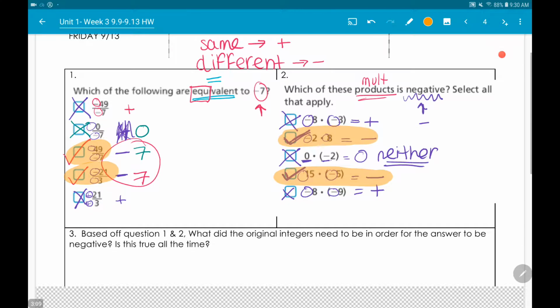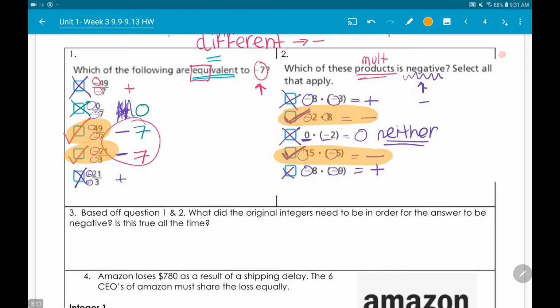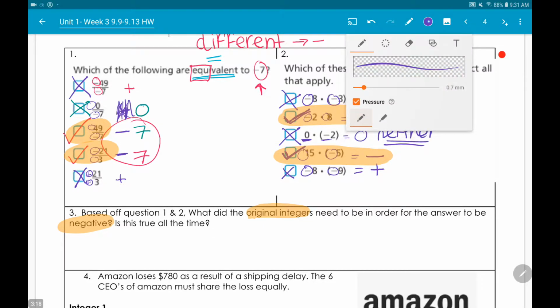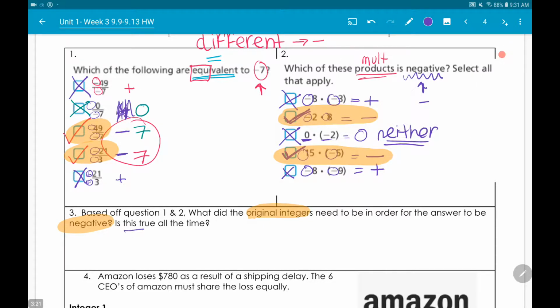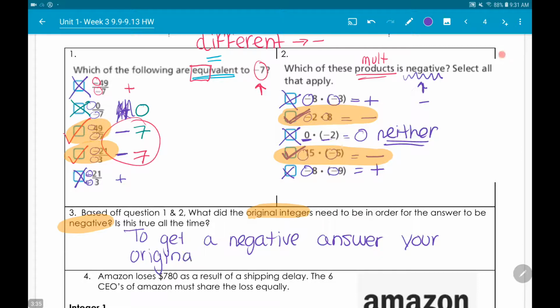All right, based off question 1 and 2, what do the original integers need to be in order for the answer to be negative? Okay, so to get a negative answer, your original must have blank signs.